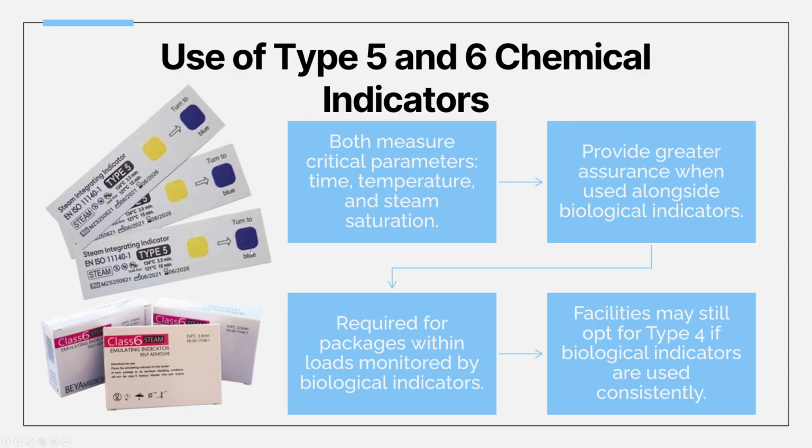So these are used inside complex instrument packs to confirm sterilant reached all surfaces. But really, the most used one is type 5. It's all we really need in order to confirm that the cycle met all parameters successfully.